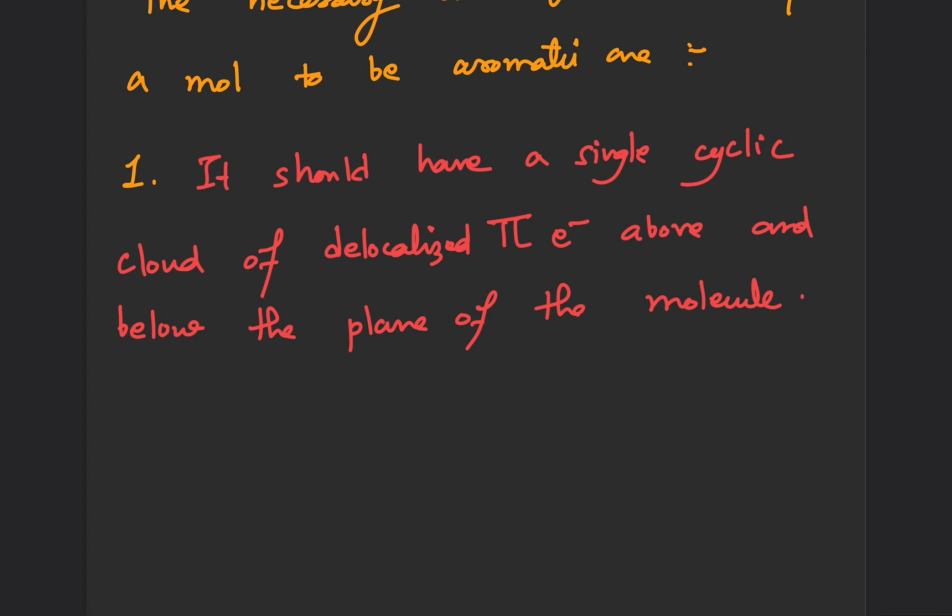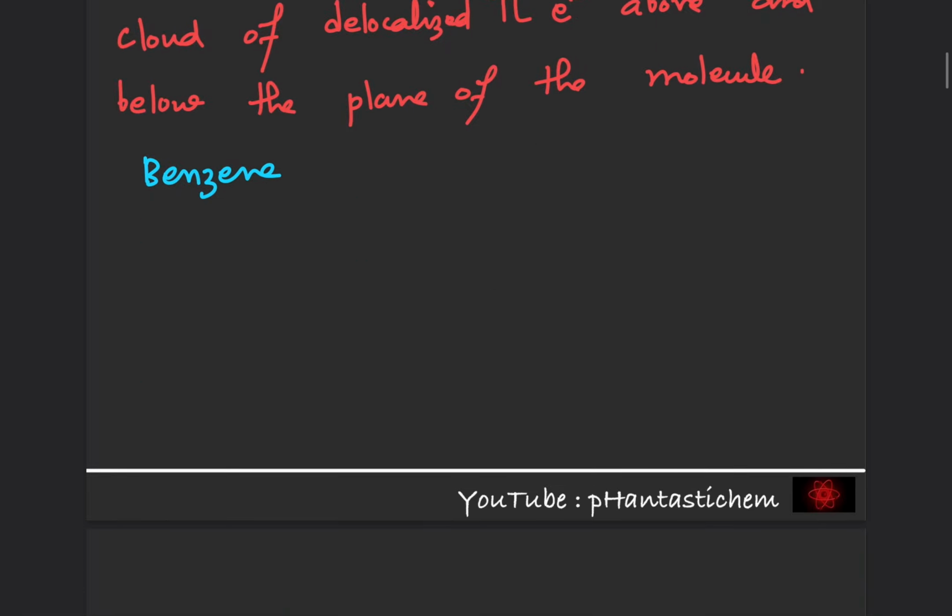And pi electrons are electrons which are present in the p orbitals. Okay, so for example, we'll discuss this point with respect to benzene. So I will draw something.